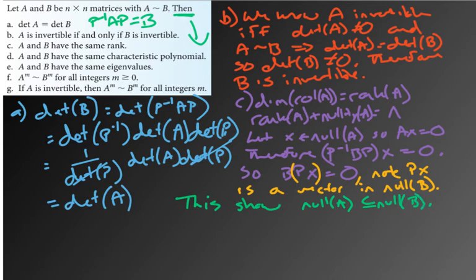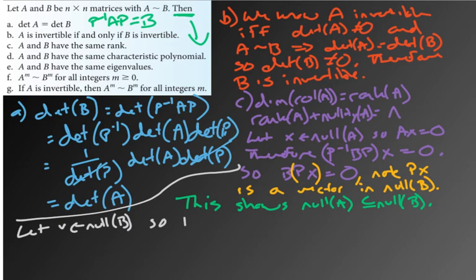Okay, and then we can do kind of a similar thing. Let V be in the null space of B. So BV equals 0, or P inverse AP, which is my B, times V equals 0. Then I'm going to do the same kind of trick where I multiply on the left by P inverse.